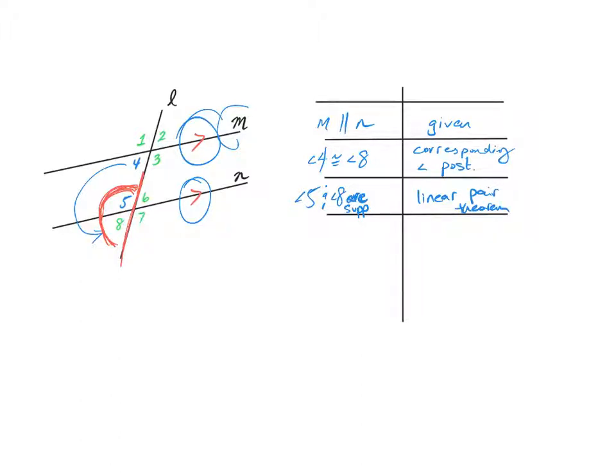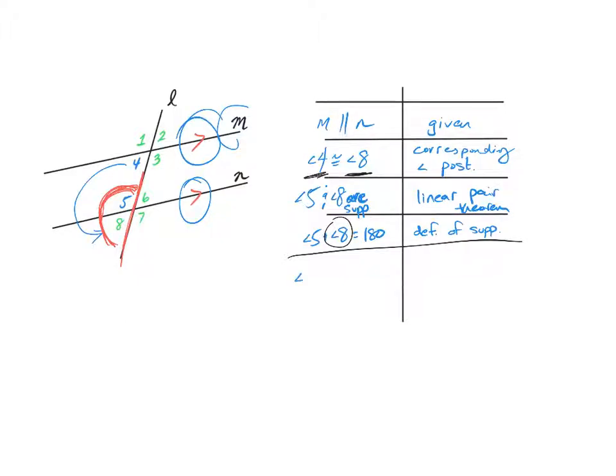So if they're supplementary, then I know that angle 5 plus angle 8 equals 180 degrees because that's the definition of supplementary. All right, now what can I say? I know that 4 is congruent to 8, so maybe I could substitute and replace the 8 down here with this 4 because they're the same.